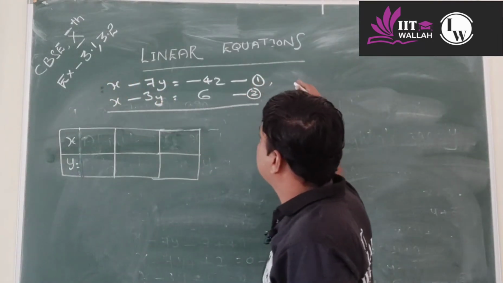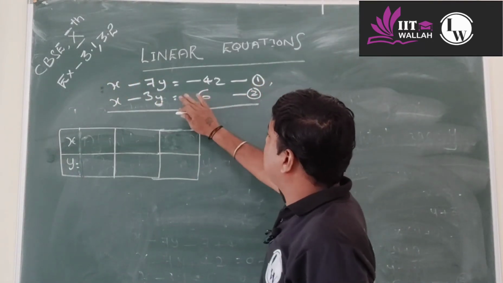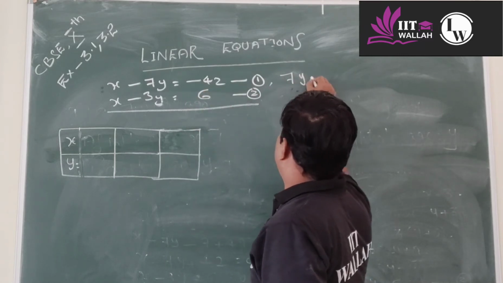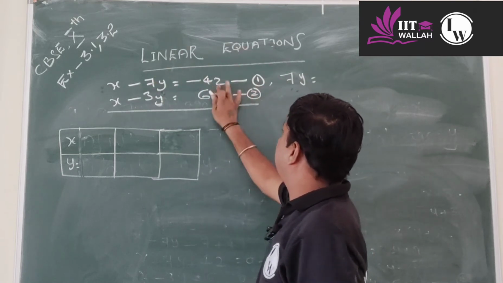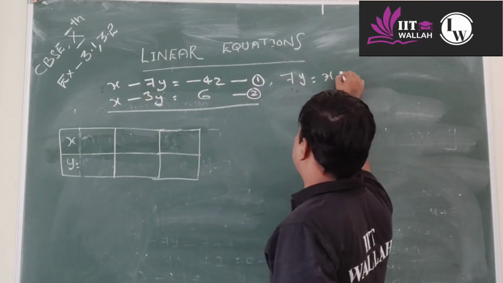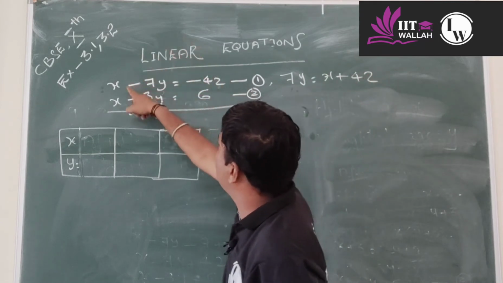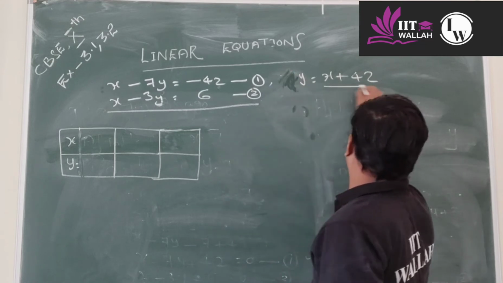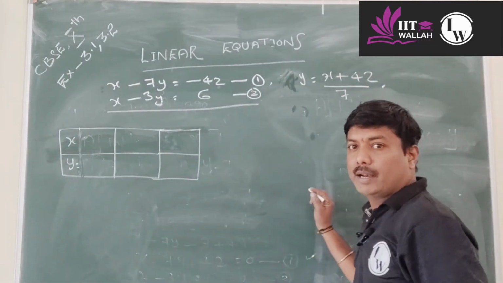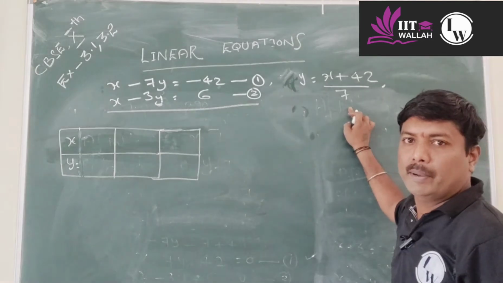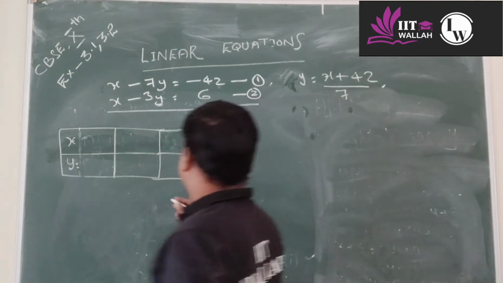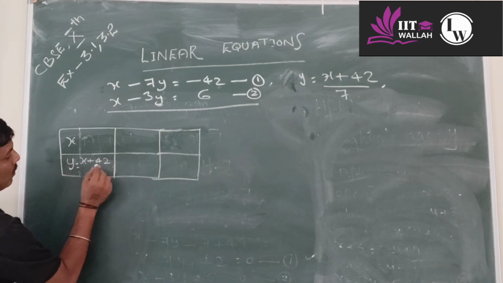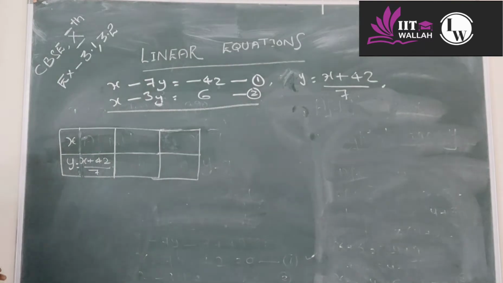So from this, x minus 7y equals minus 42, so 7y, if you take this here and this here, will be x plus 42. See, x plus 42 will be 7y, and x plus 42 divided by 7 will be y. Right? x plus 42 divided by 7 will be y here. So that means y is equal to (x plus 42) by 7.